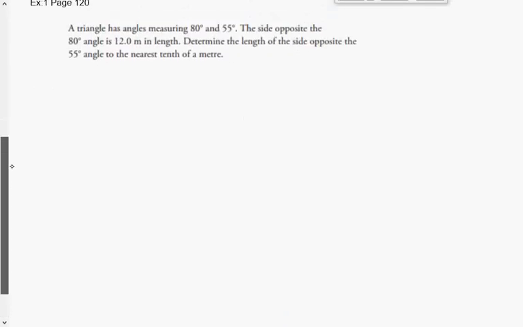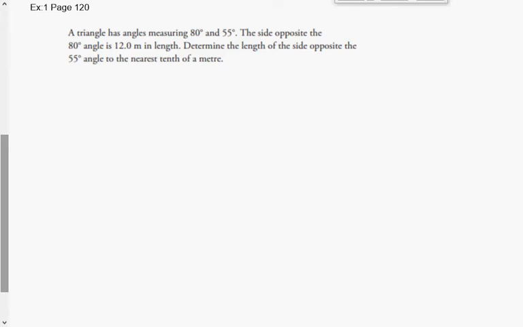All right, so for example 1, a triangle has angles measuring 80 degrees and 55 degrees. The side opposite the 80-degree angle is 12 meters in length. Determine the length of the side opposite the 55-degree angle. All right? So, I always like to just draw a basic triangle like this.